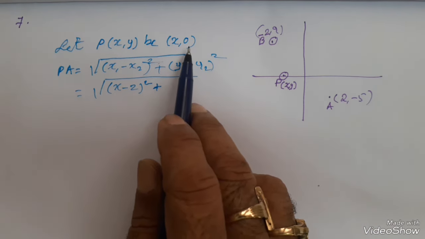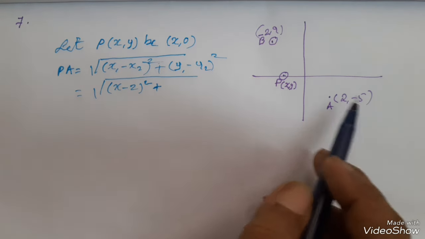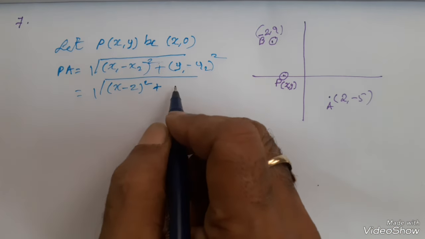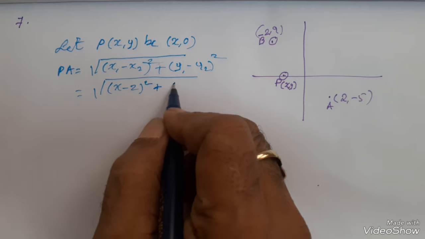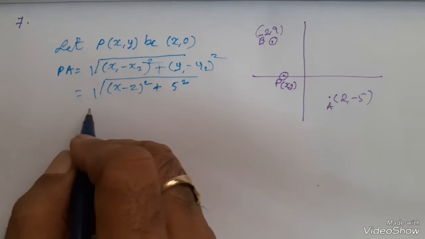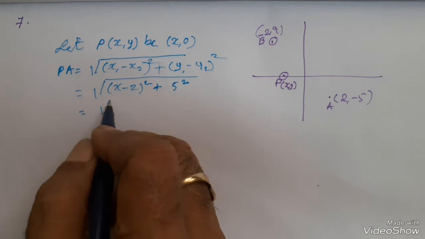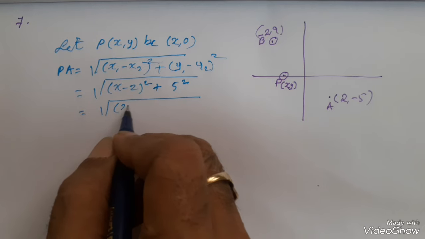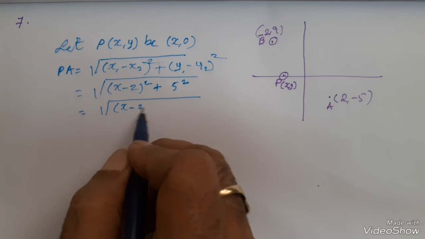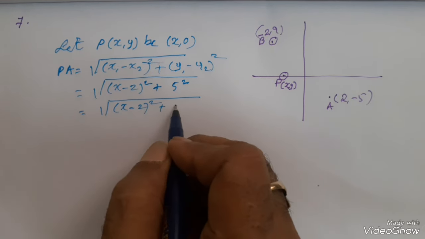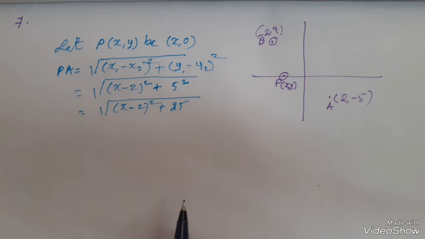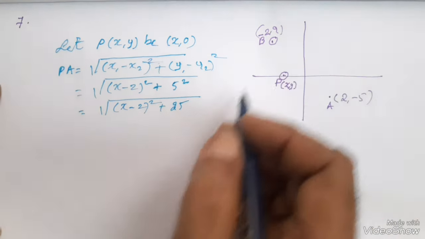So 0 minus of minus 5, 0 plus 5, we get 5 squared. Then we get square root of (x minus 2) whole square plus 25. That is the length of PA. Similarly, you find PB now.